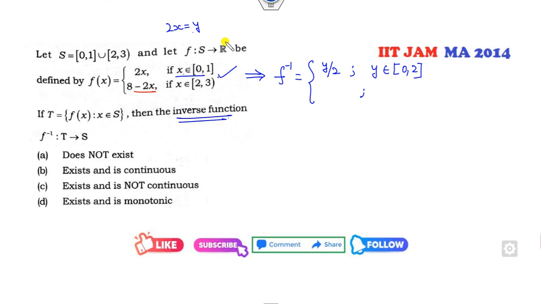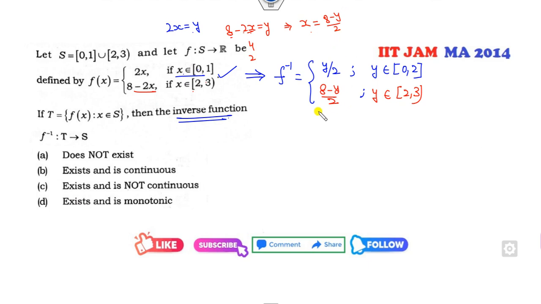Then I can take 8 minus 2x as y, so x will be 8 minus y over 2. What is the domain of y when x belongs to 2 to 3? It is 4 minus 4, and when you take 3 it is 6 minus 8, 2, so y belongs to 2 comma 3.